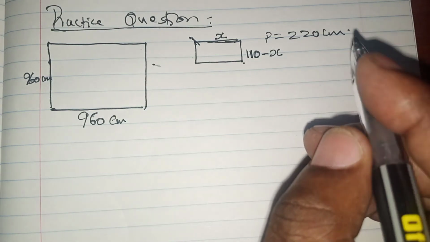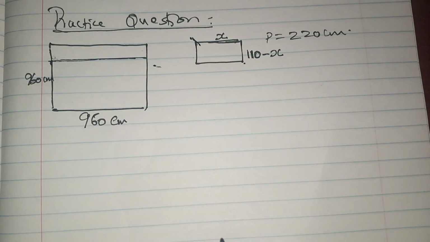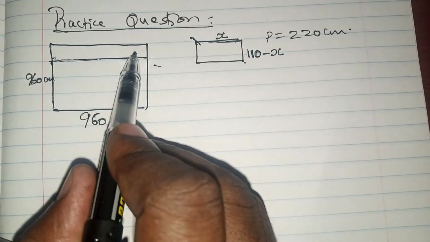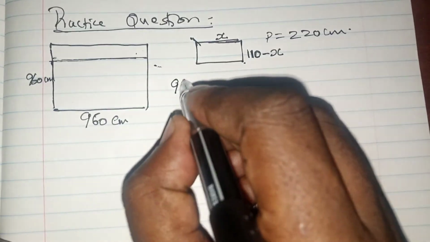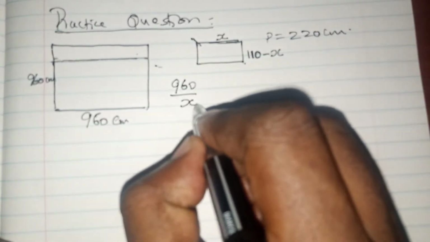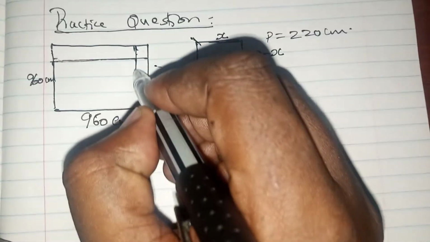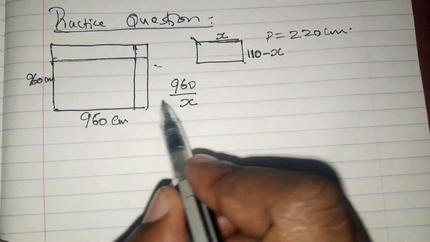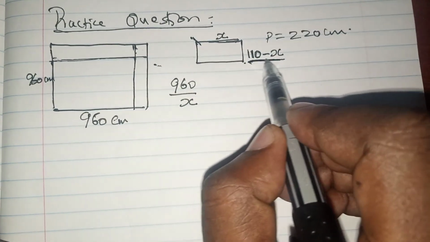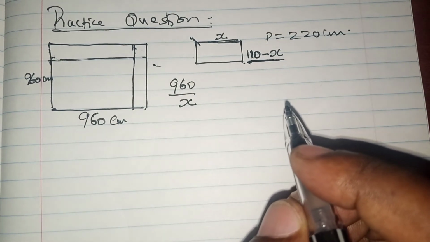So we can easily say that the number of tiles that can fit along the length is the length of the floor divided by the length of the tile, which is 960 divided by x. And the number of tiles that can fit along the breadth is the breadth of the floor divided by the breadth of the tile. And this is now where we have 20 tiles less.